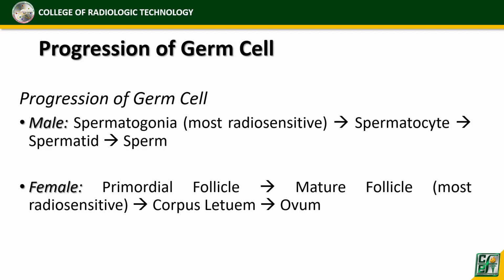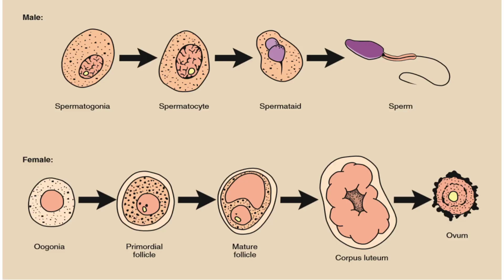Ibig sabihin, bago pa lang siya magkakaroon ng bunga. Okay? Tapos magmamature siya, mature follicle, and the mature follicle is the most radiosensitive. Then after that, magiging siyang corpus luteum, and then the corpus luteum will become an ovum. So yan.